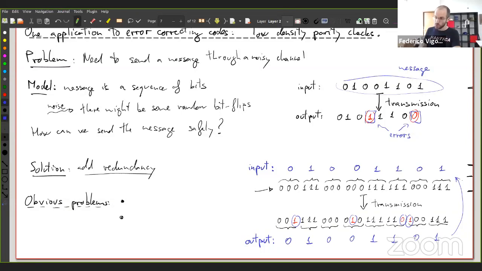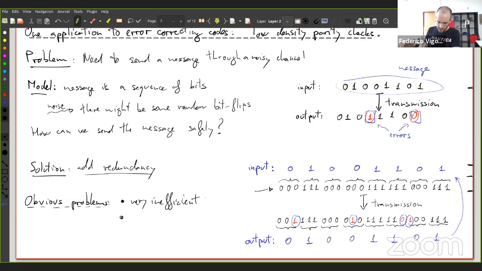But there are 2 obvious problems with this specific solution. One is that it is very inefficient, because I am sending a very long message.